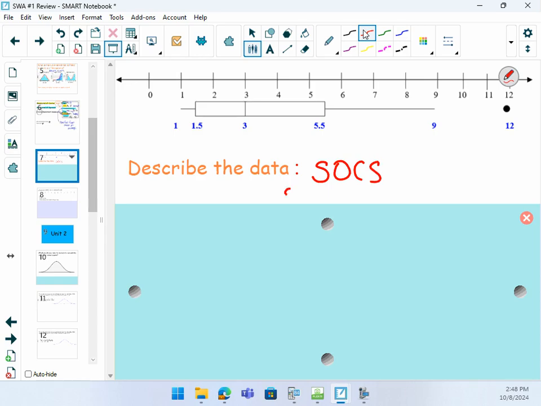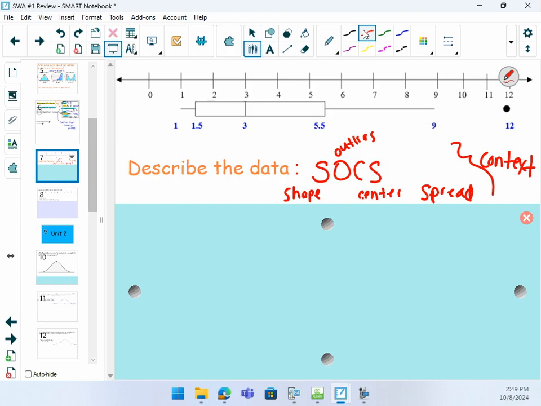You need to talk about the shape, the center, and the spread. And mention if you have any outliers. And within all of that, give some context. In this problem, there is no context, so we don't have to worry about that.